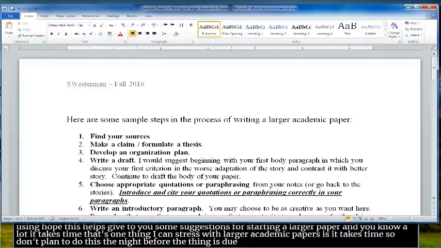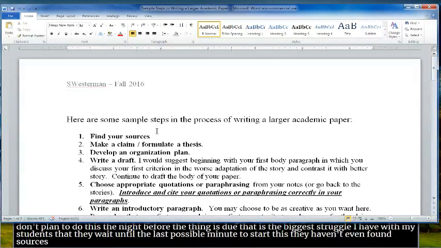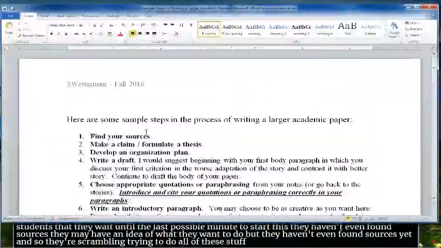That is the biggest struggle I have with my students, that they wait until the last possible minute to start this. They haven't even found sources yet. They may have an idea of what they want to do, but they haven't even found sources yet. And so they're scrambling, trying to do all of these steps that take time.